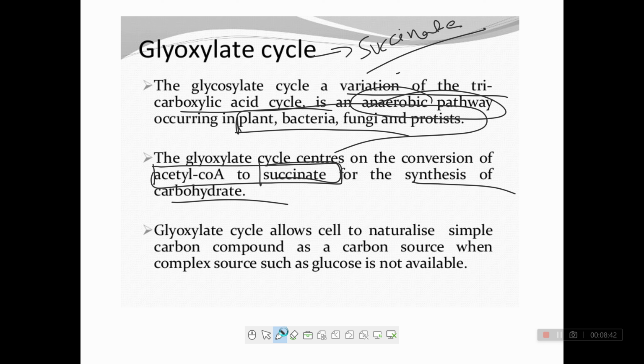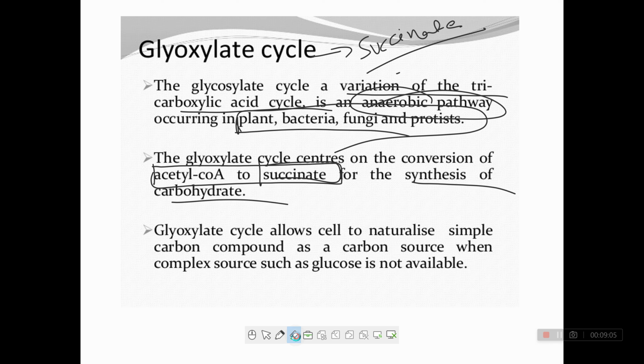It means when glucose is not present in bacteria, plants or fungi, the glyoxylate cycle will take place, and they utilize simple carbon compounds as a carbon source.